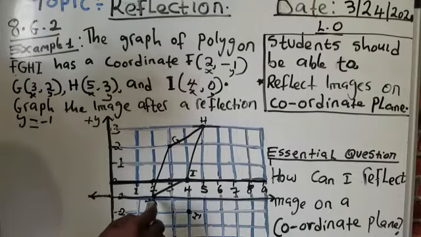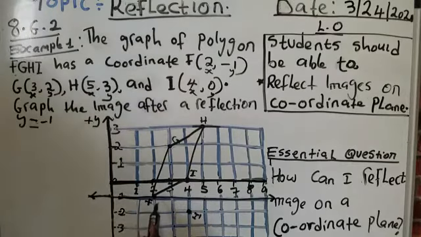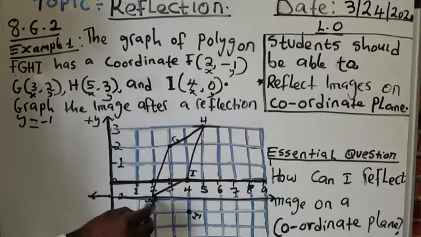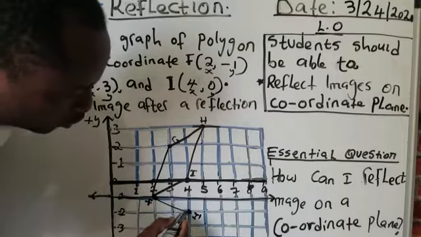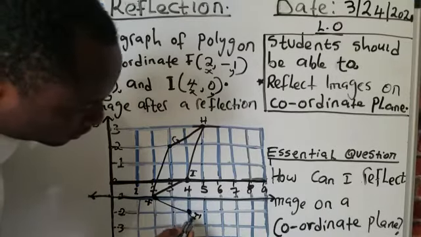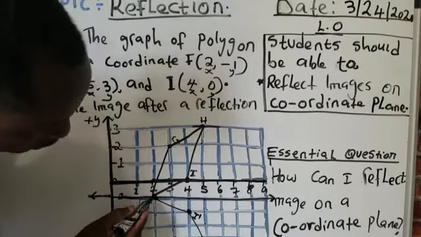Now let's go to F. F is on the line already, so we're going to leave it like that. You understand? Now let's combine these to see what we have.